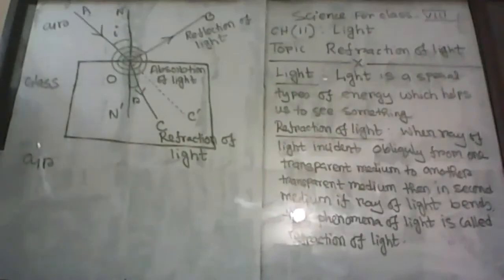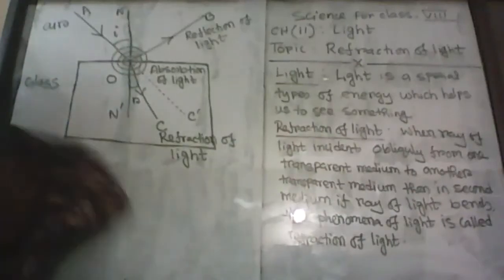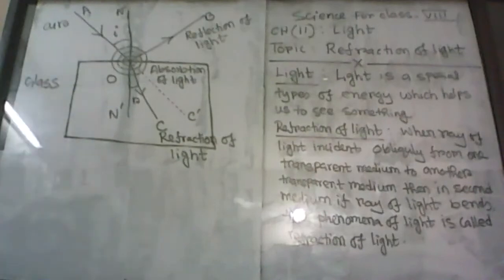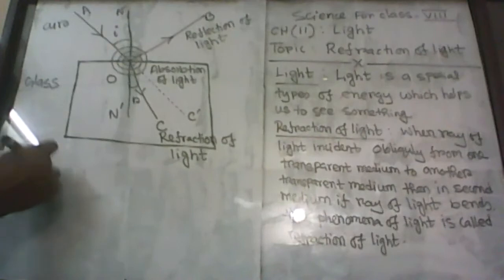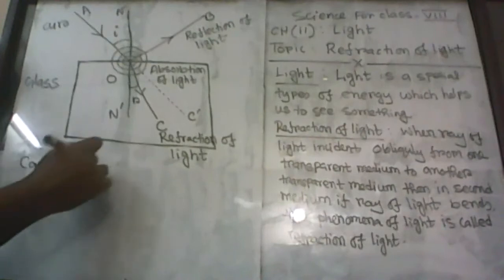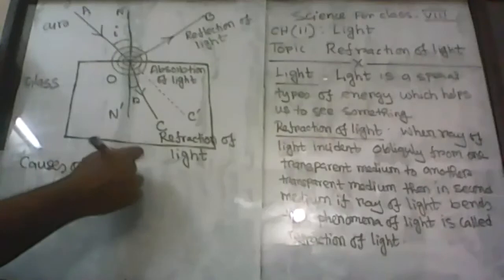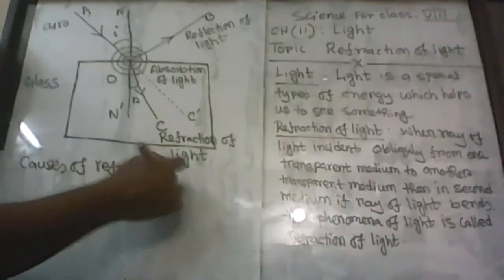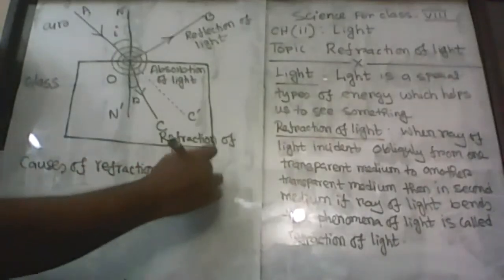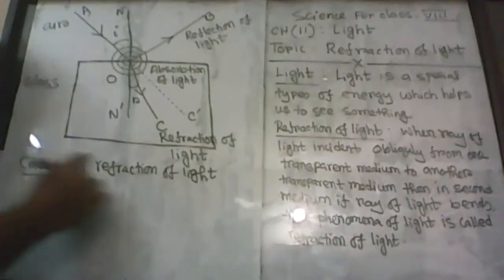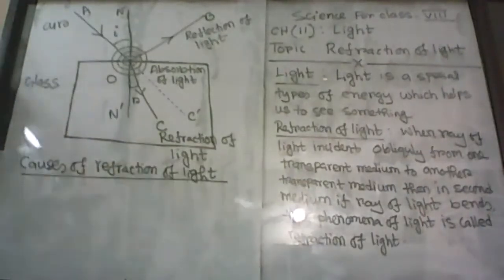Now write down please, what is the basic cause for this bending of light? The causes of refraction of light. There are two basic causes for refraction of light.